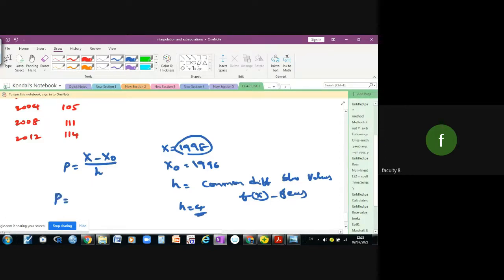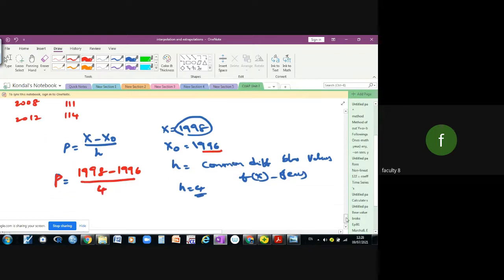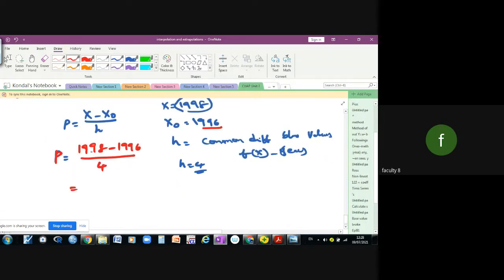P is equal to, what is the capital X value? 1998 minus x naught, that is the preceding value of the x value, that is 1996, divided by the h value, the common difference, 4. So 1998 minus 1996, how much? 2 by 4. When you cancel it, you will get 0.5.